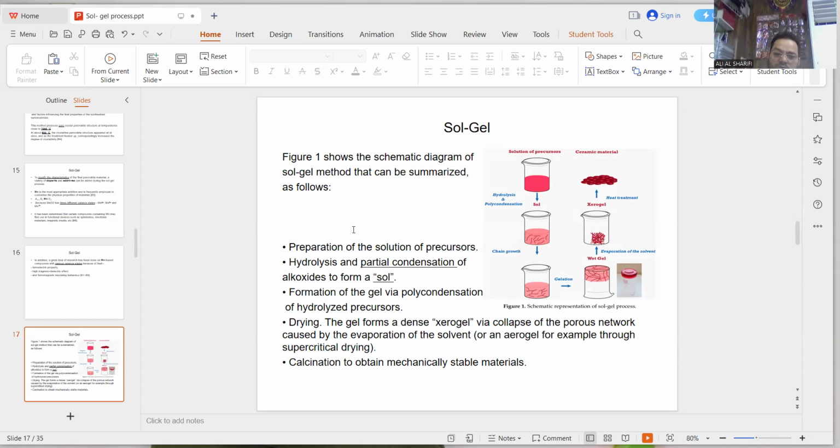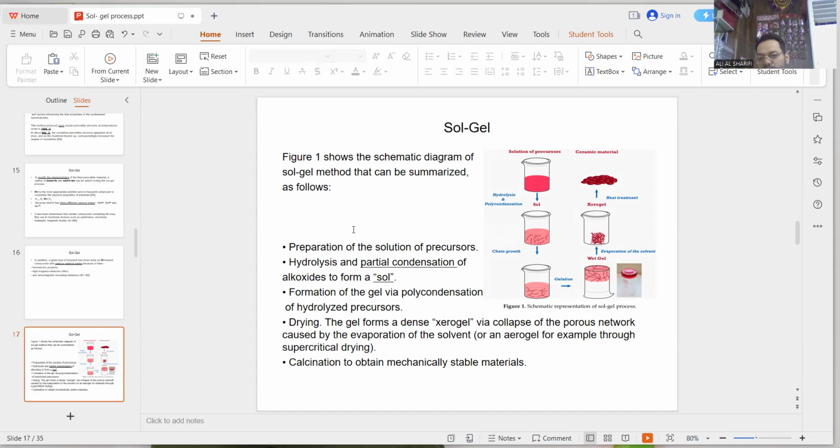Preparation of the solution of precursor, hydrolysis and partial condensation of alkoxide to form a sol. Here it illustrates the steps of the sol gel. Formation of the gel, polycondensation of hydrolyzed precursors. Here drying the gel forms a dense xerogel, like my work. Collapse of the porous network, decreasing the porous network number, caused by evaporation.